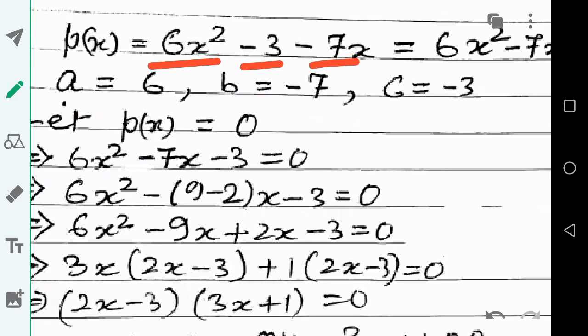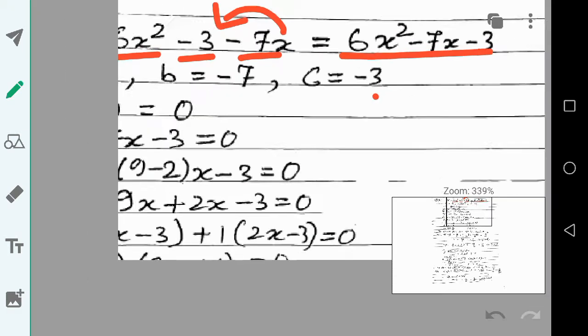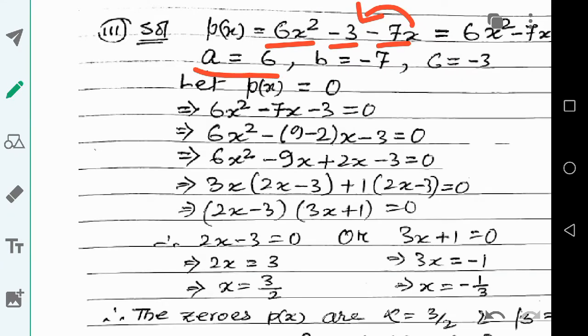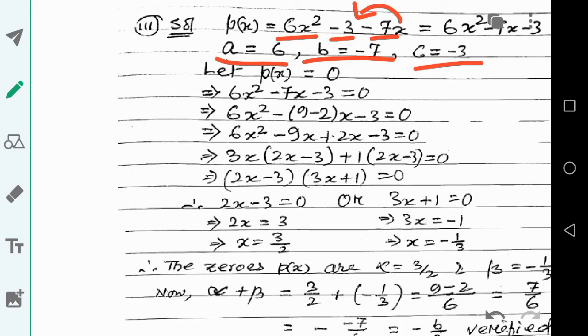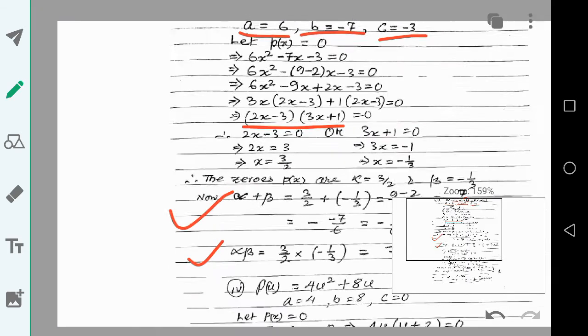First rearrange this polynomial, writing the term consisting of minus 7x right in the middle. Now compare with ax square plus bx plus c. Comparing, we have got a is equal to 6, b is equal to minus 7, c is equal to 3. Then again factorize and obtain the zeros, then verify the relationships between the zeros and coefficients.